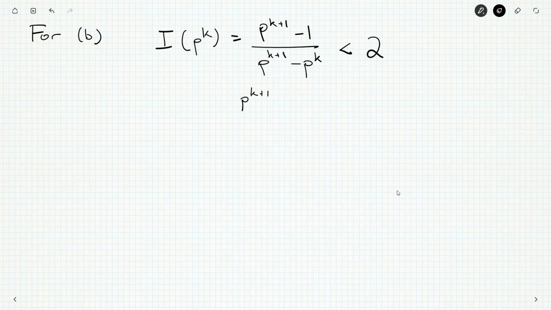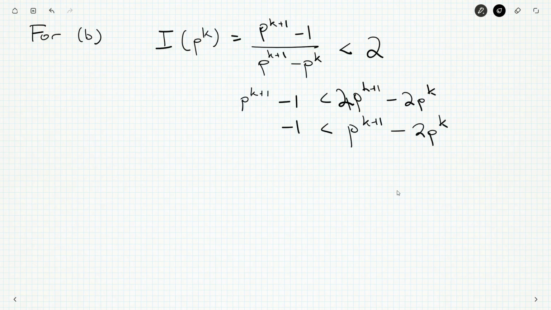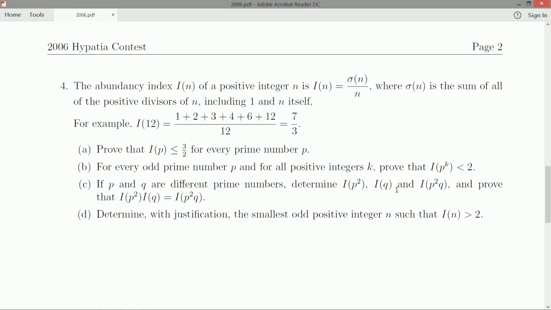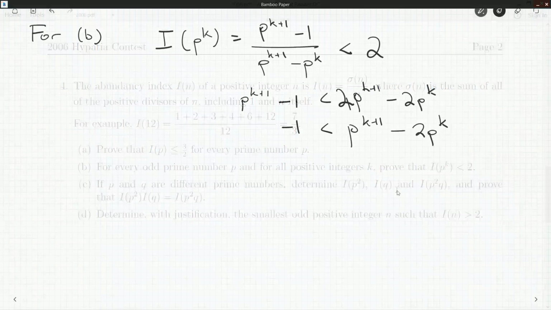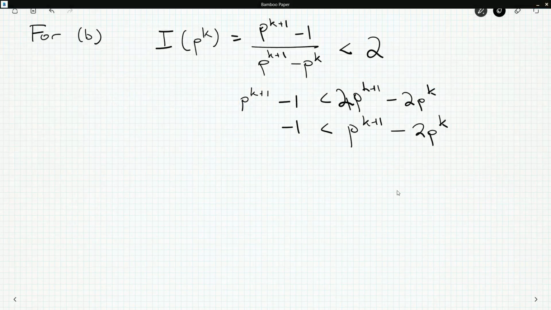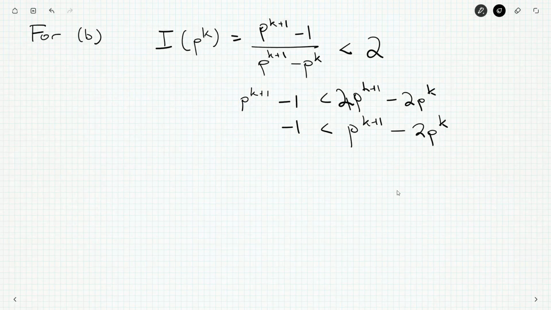P to the k plus 1 minus 1 has got to be less than 2p to the k plus 1 minus 2p to the k. Subtract p to the k. And I think we needed odd, didn't we? Yeah, for every odd prime. So this is p to the k, p minus 2.